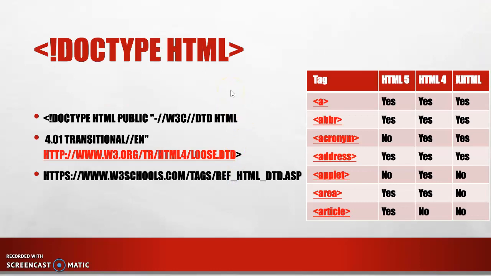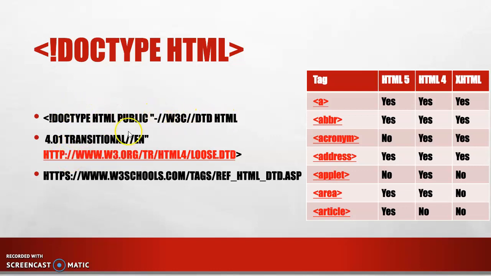Doc type. So we talked a bit about that in a previous video, but we'll talk about it some more here. So doc type HTML, like the one up here at the top, is the standard HTML5 doc type. I said the previous ones were more complex, and you see one right here. This is the HTML4.